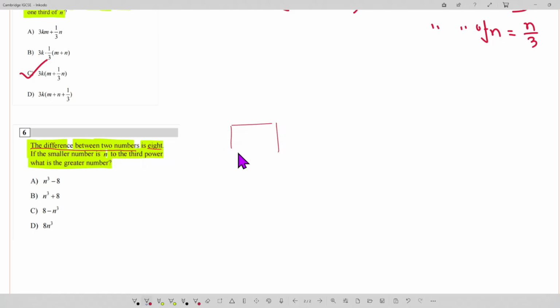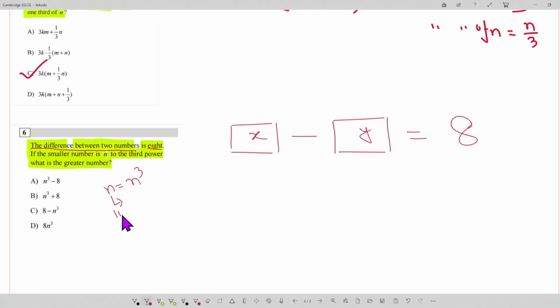So this one minus this one equals 8. Let's say this is x and this is y. It's a difference between two numbers. If the smaller is n to the 3rd power, it means n cube. 3rd power means cube. And what is the greater number?